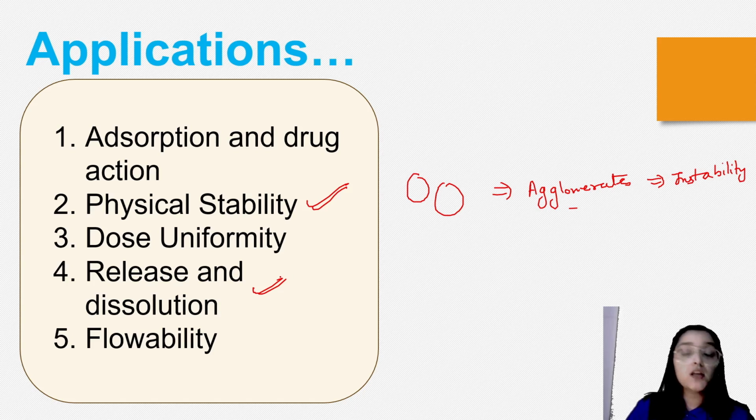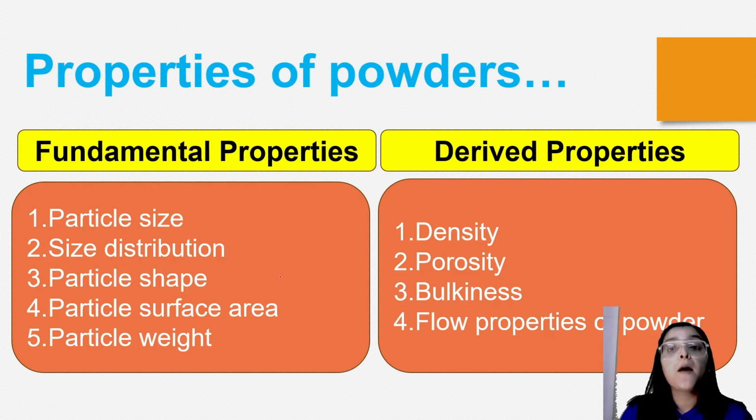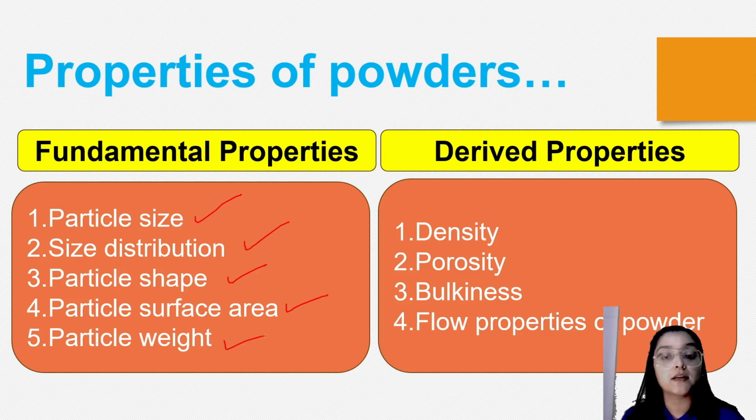Okay. Coming to my next important point, that is the properties of powders. Properties of powders are classified into both fundamental and derived properties. The fundamental properties include particle size, particle size distribution, particle shape, the surface area, and the particle weight.